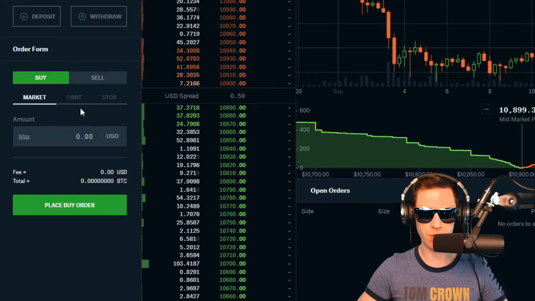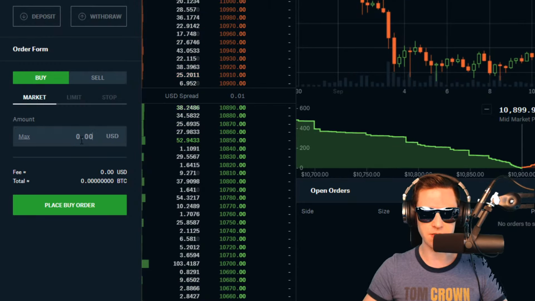So say we wanted to purchase Bitcoin. We had USD in our account and were looking to get Bitcoin. We could go to market order buy, and then down here in this amount box, we would fill in the US dollar amount that we are looking to buy.